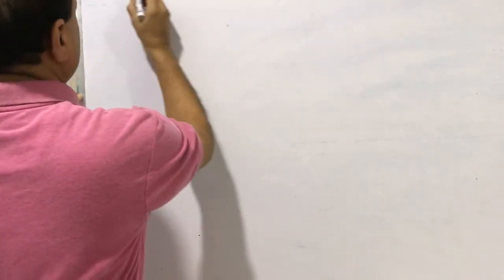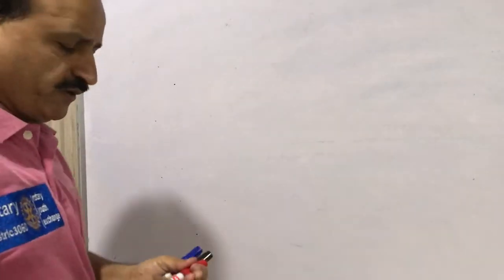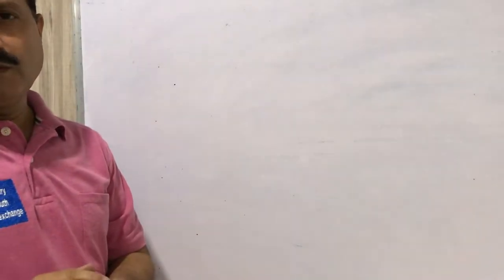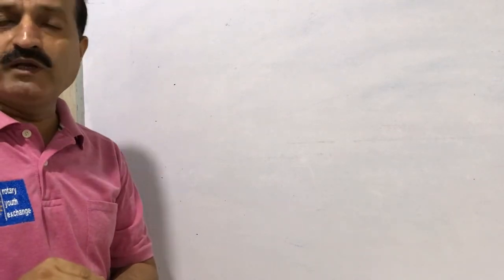What is the empirical formula and what is the molecular formula will be easily understood. We are learning the opposite topic of yesterday. Yesterday we found the percentage of elements in a compound. Now we have the percentage of elements in the compound, and we have to find the empirical formula and molecular formula.